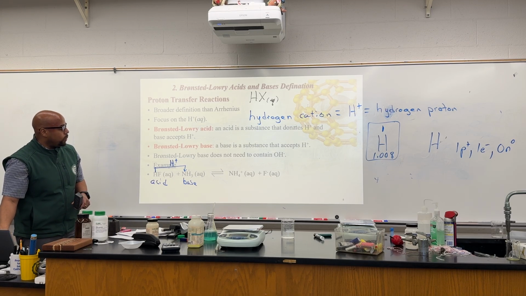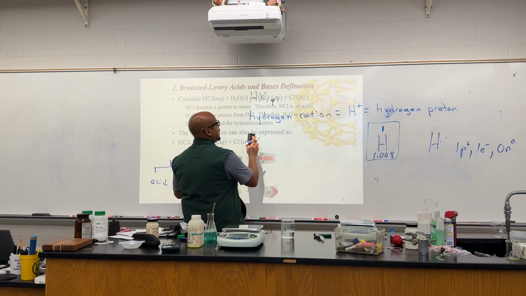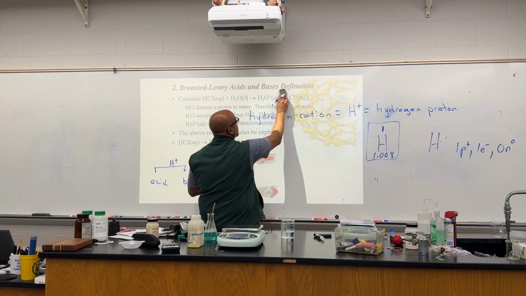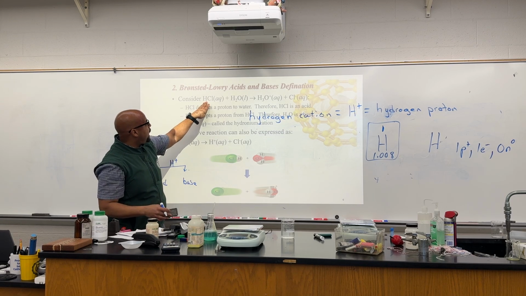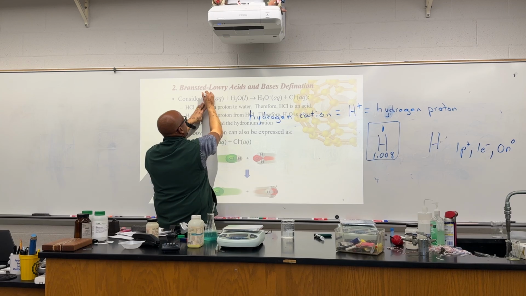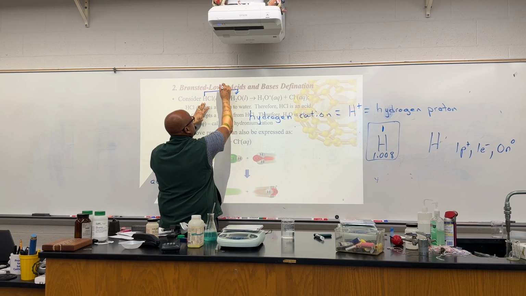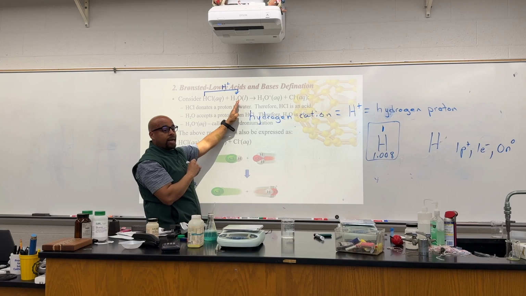All right, here we go. Moving forward. Now, in this reaction that I have up here, I've got my HCl. And when I look at this reaction, you'll notice that the H plus, my hydrogen cation, is being donated, in this case, to my actual water.